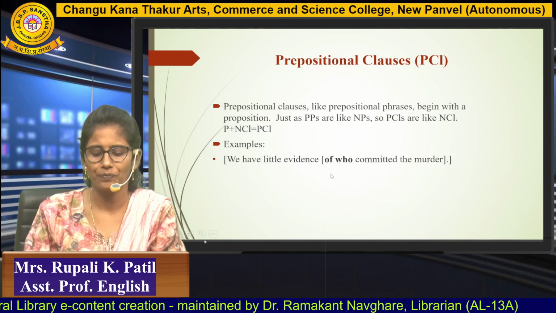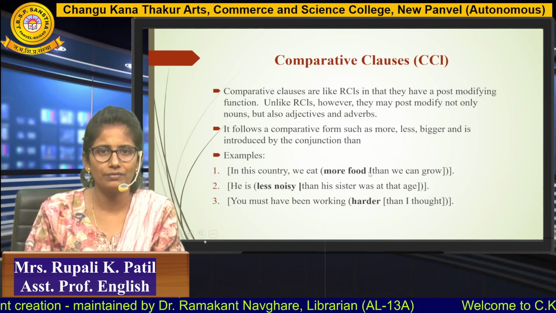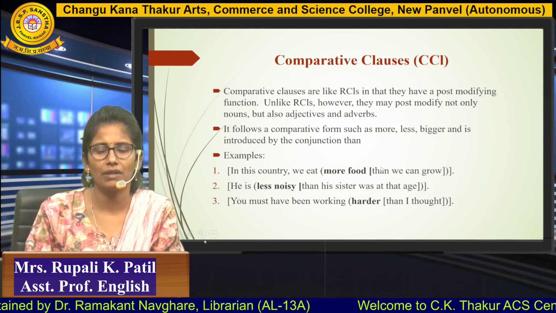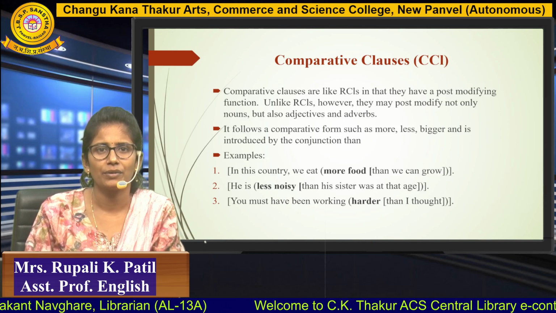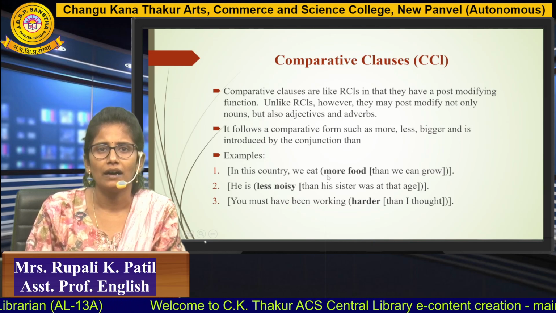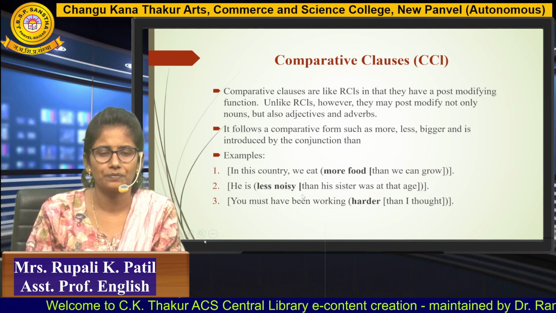You can say, more food than we can grow. So than and more are the two identification marks to identify that this is a comparative clause, because here they make a comparison between the food which is being grown and which is being eaten.